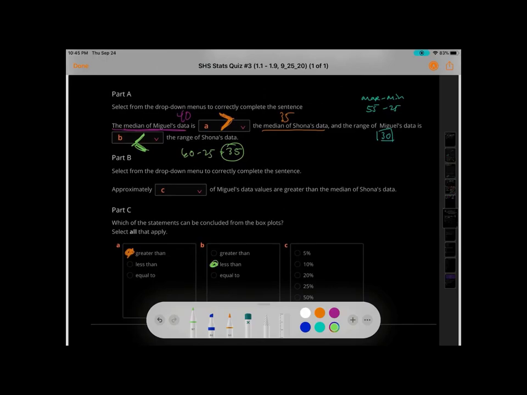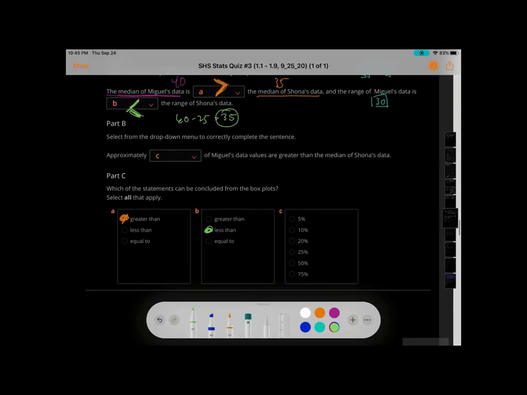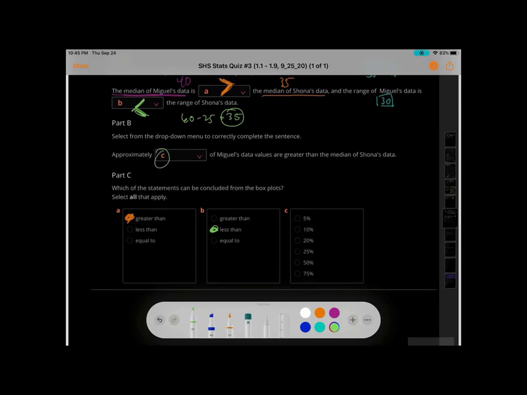Okay, then it says, select from the drop-down menu, correctly complete the sentence. Approximately blank of Miguel's data values are greater than the median of Shona's data. Okay, so I know that C represents percentages.